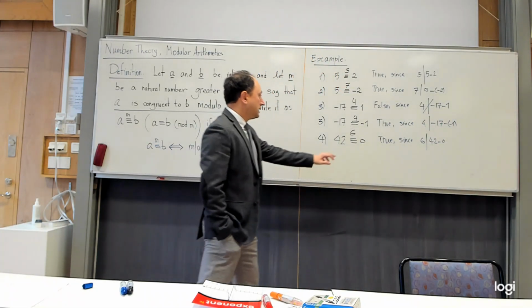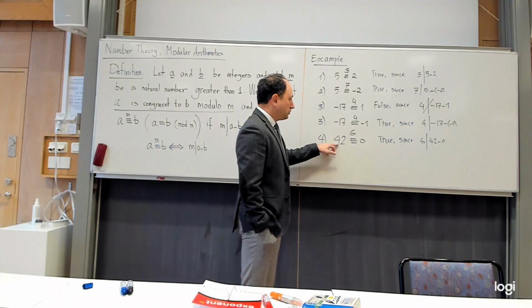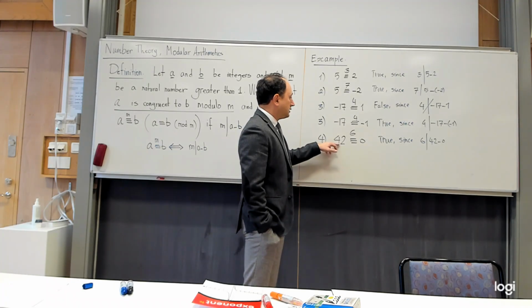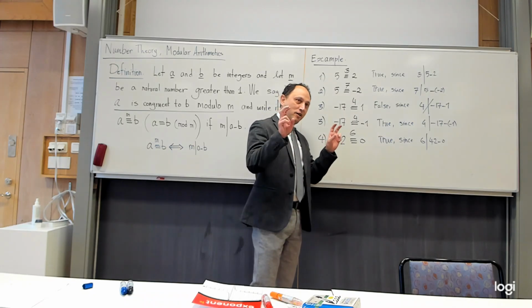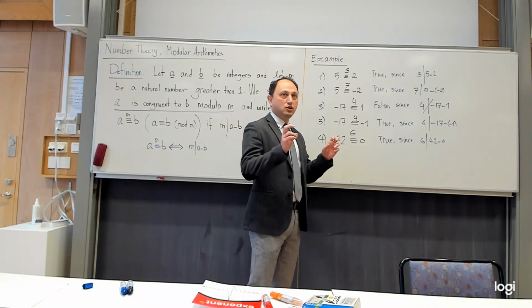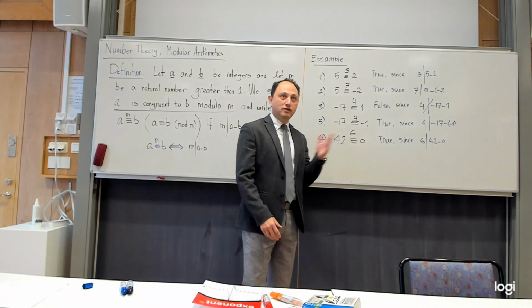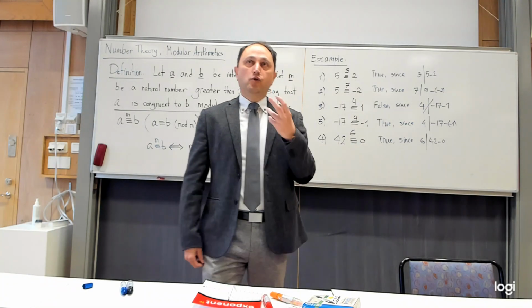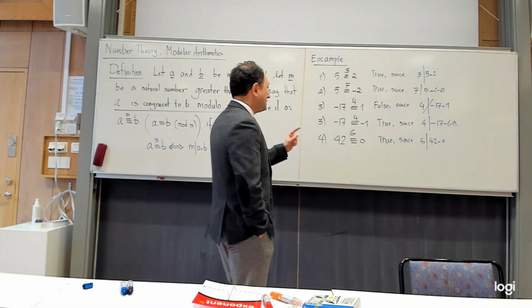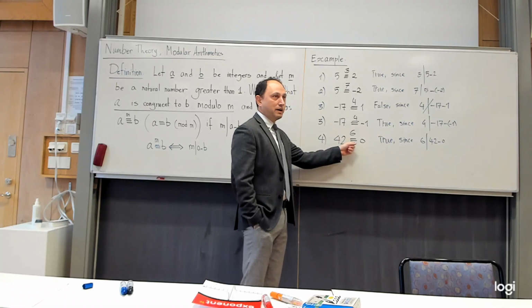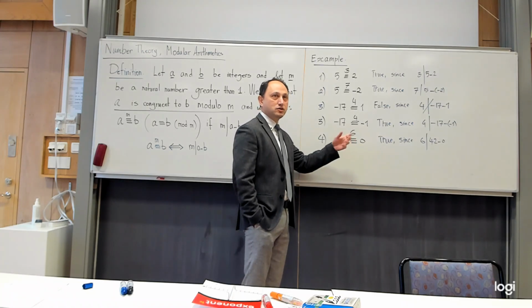So you see that 42 is equivalent, if I want to say, to 0, is equivalent to 6, is equivalent to 42. So if I want to keep the relation as equality, equality is very, very restrictive.